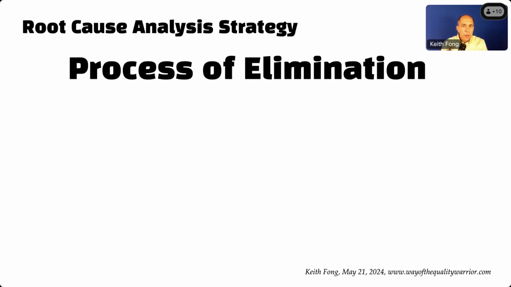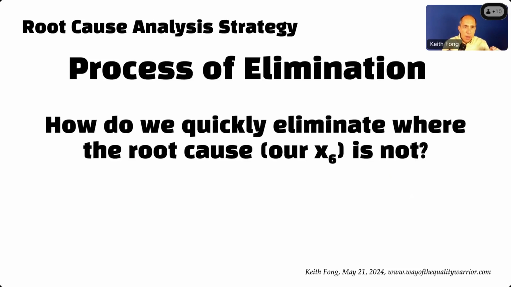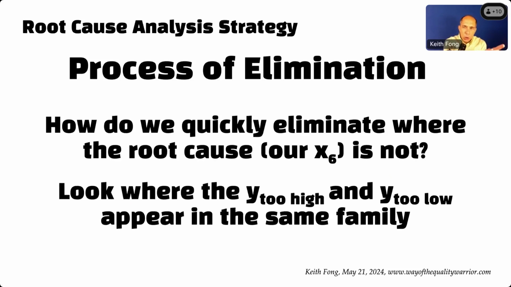So again, we're going to go back to our strategy, the process of elimination. How do we quickly eliminate where the root cause, in this case X6, is not? The way we're going to do that is look where the Y too high and the Y too low appear in the same families.